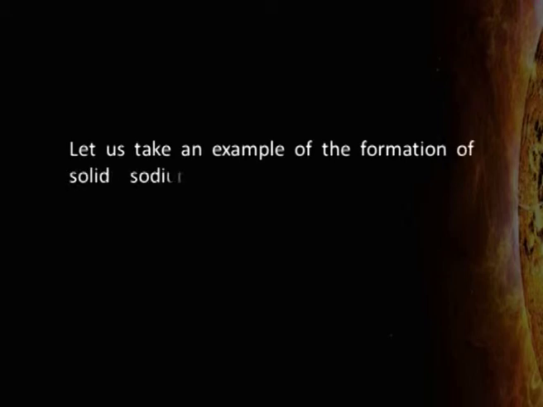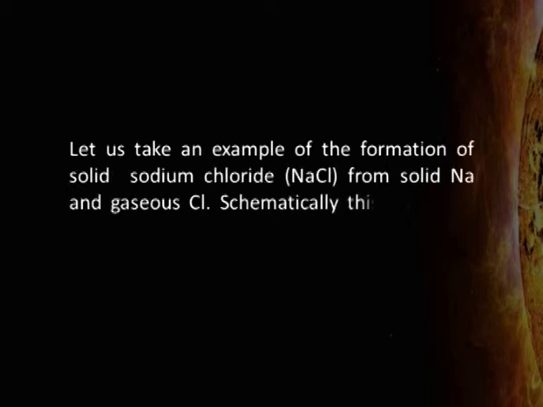As it is very difficult to calculate lattice energy directly, an indirect method based on Born-Haber cycle is used to calculate lattice energy. Born-Haber cycle is based on Hess's law of constant heat summation. Let us take an example of the formation of solid sodium chloride from solid sodium and gaseous chlorine.